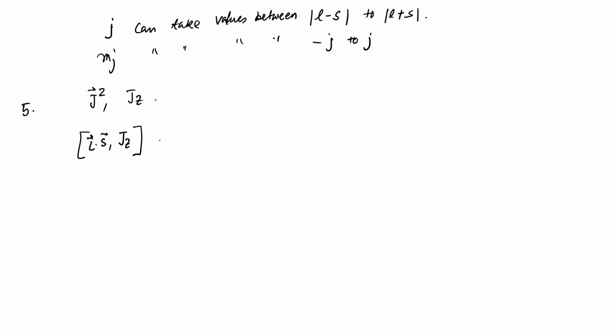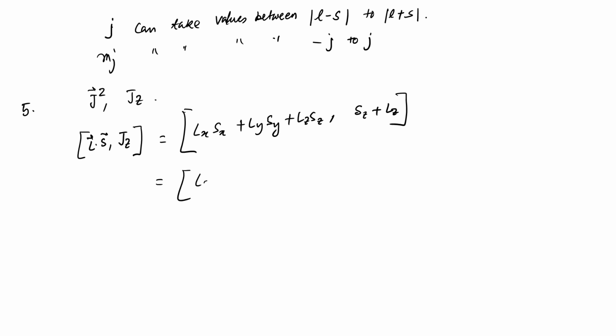And so, this is nothing but Lx Sx plus Ly Sy plus Lz Sz, and its commutator with Jz, which is nothing but Sz plus Lz, we have to see whether it commutes in order for it to be a good eigenfunction. And if I open this up, it is Lx Sx plus Ly Sy plus Lz Sz with Lz plus Lx Sx.